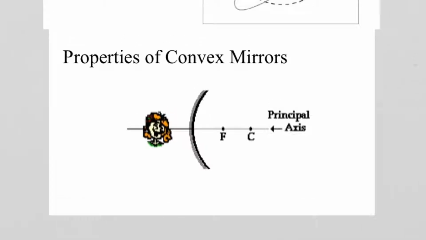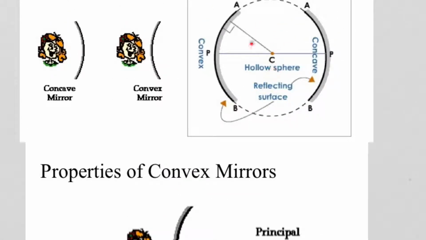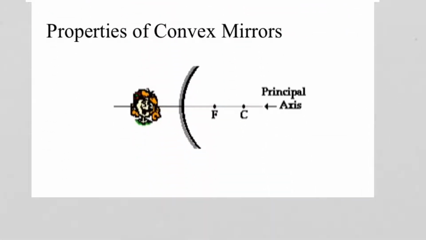We can talk about properties of convex mirrors in the same way that we talked about properties of concave mirrors. We still have C, the center of curvature, which would be the center of the hollow sphere from which this mirror was cut. We still have F, the focal point, which is halfway between the center of curvature and the mirror.